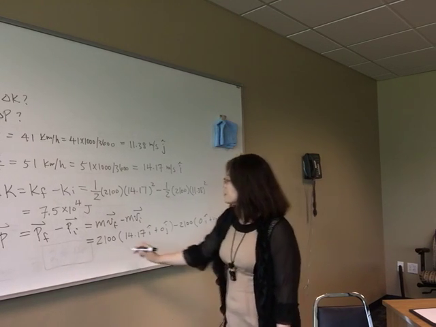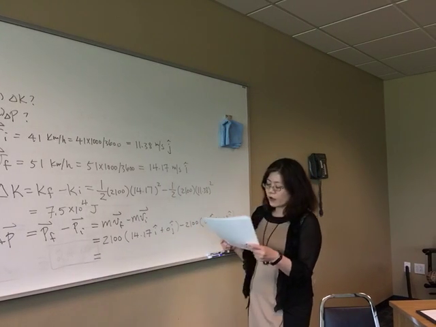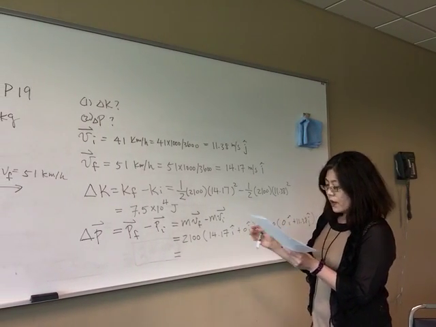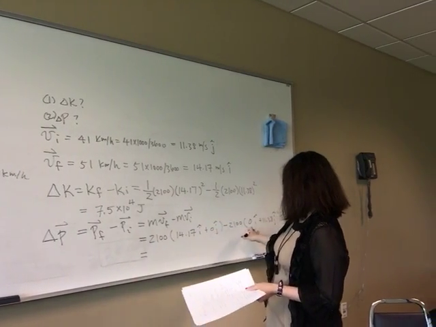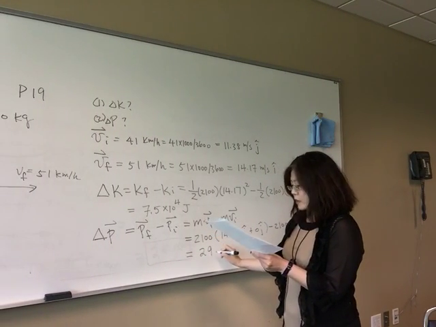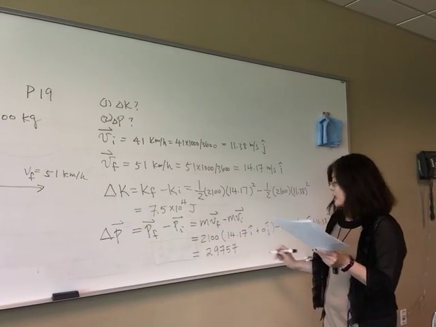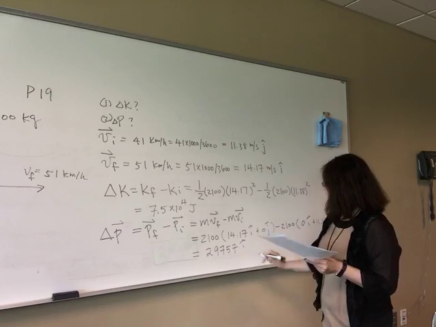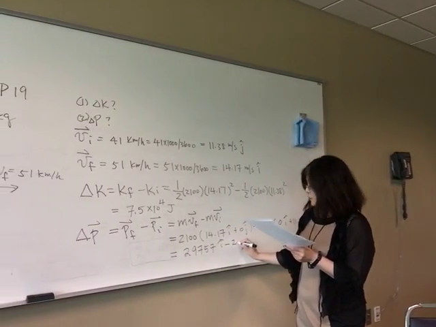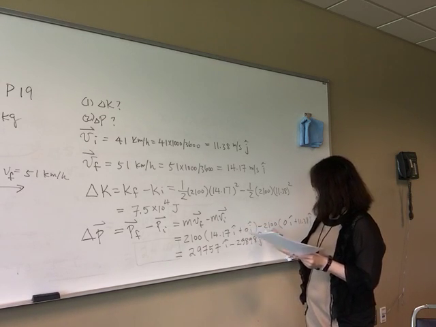Okay, so after you do the calculation, what you have now is your x and y component. Your x component is 29757 i hat, and the vertical component is negative, so minus 23898 j hat.